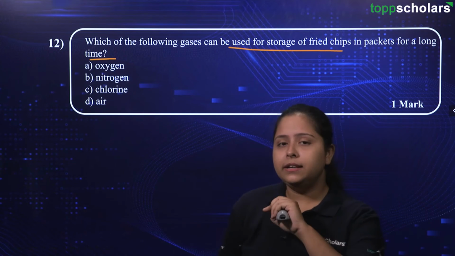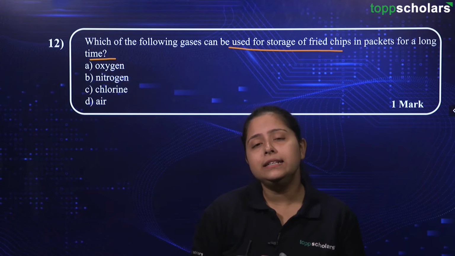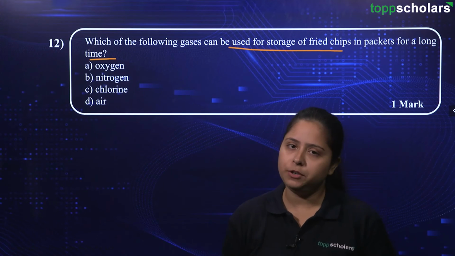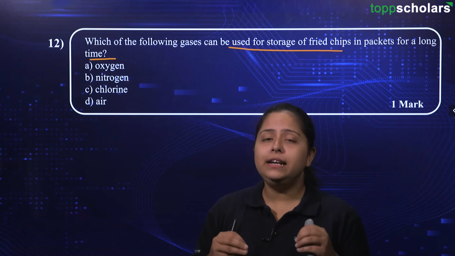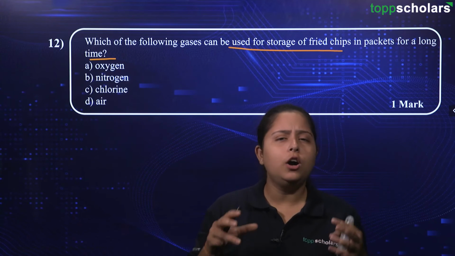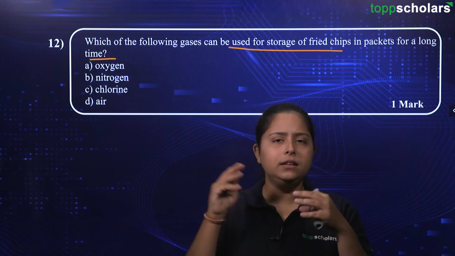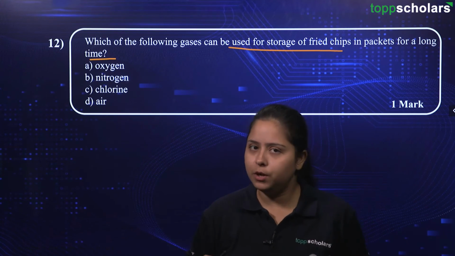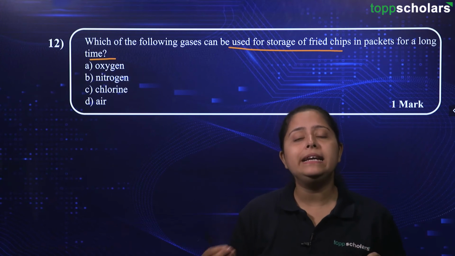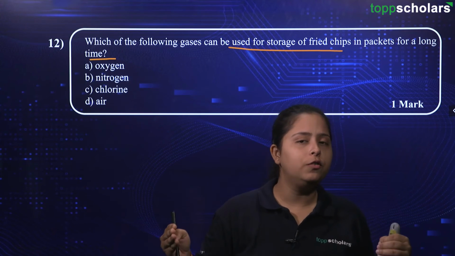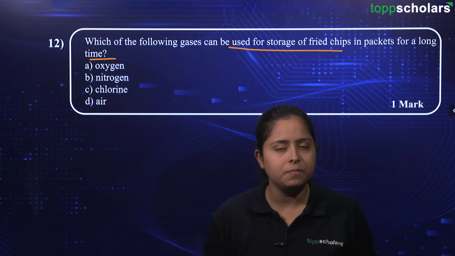Now, this covers the concept of rancidity that you have learned in this chapter. Rancidity is basically the decomposition process of the oily foods that are present in the bag of chips. Okay. Basically, the food is being degraded if there is a considerable amount of time for which it is not being used.